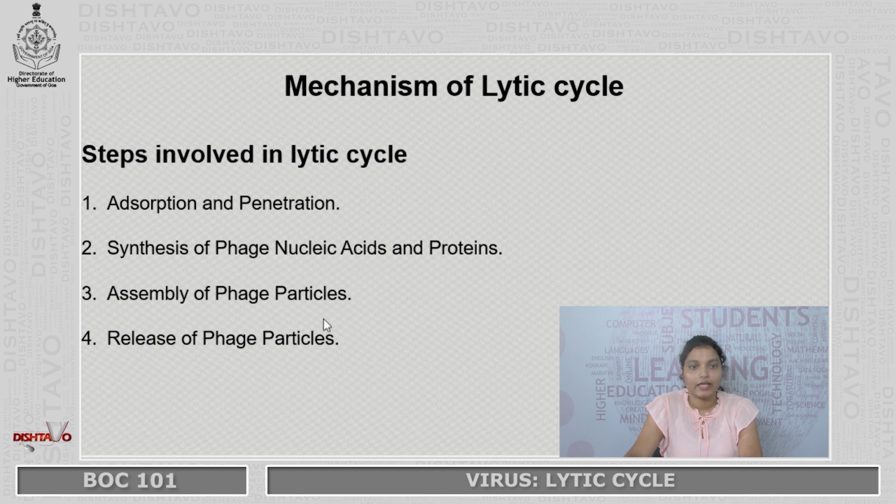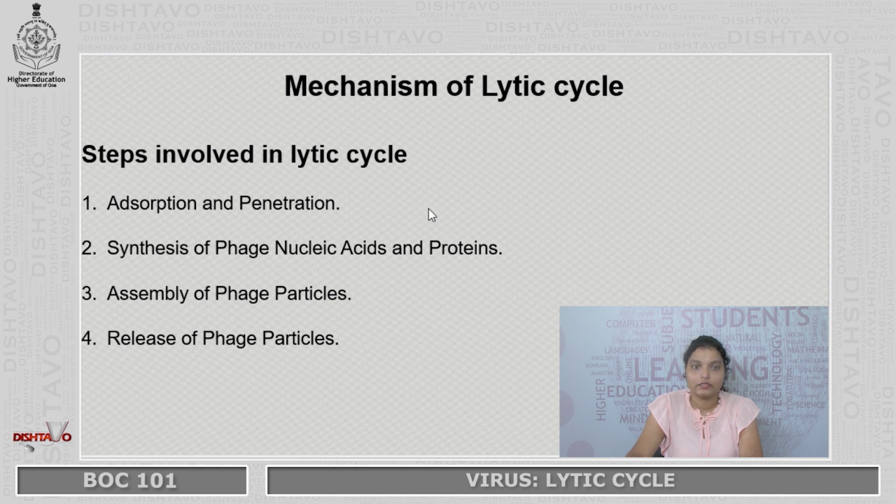Third, we have assemblage of phage particles. And fourth, we have the release of phage particles. We will look into each of these steps individually so that we get a better idea of what exactly happens in all of these steps, ultimately leading to an entire cycle of reproduction of a virus.